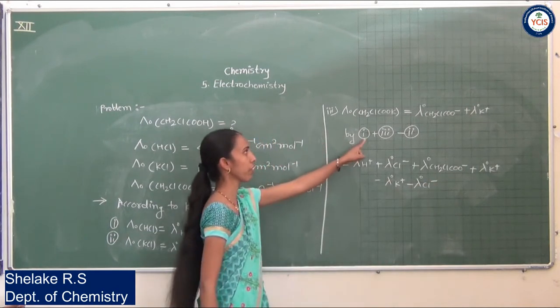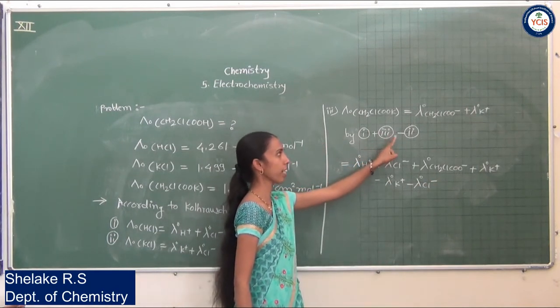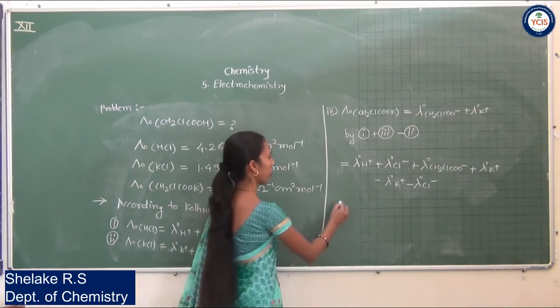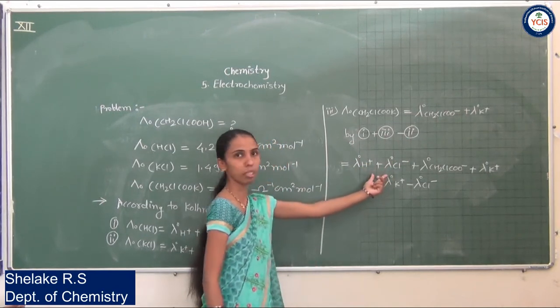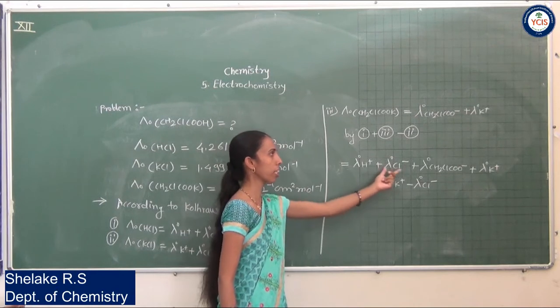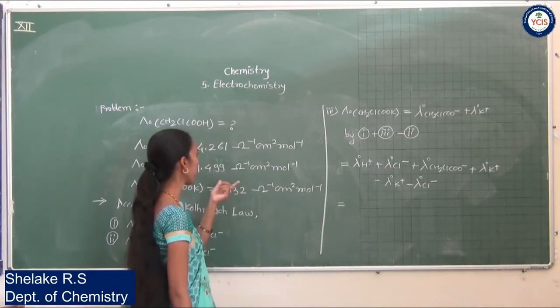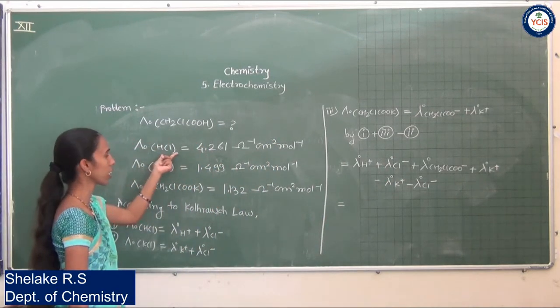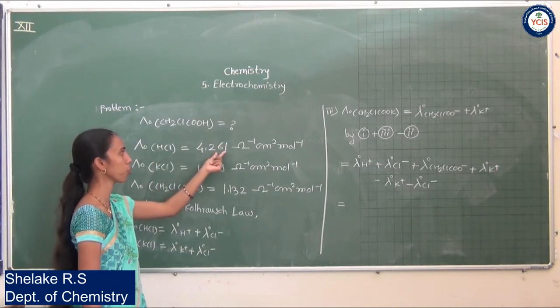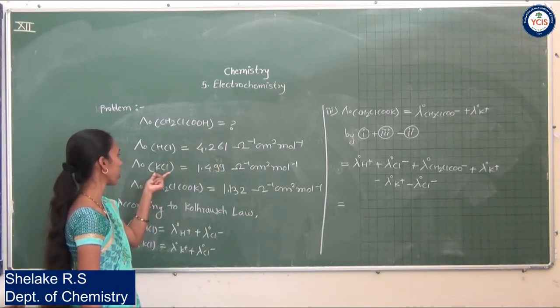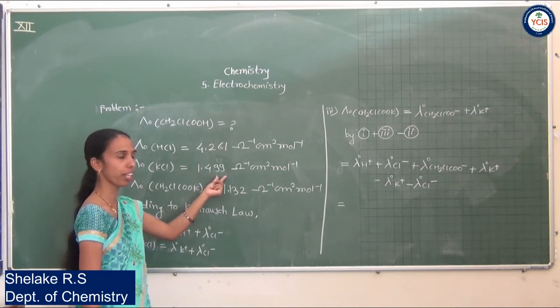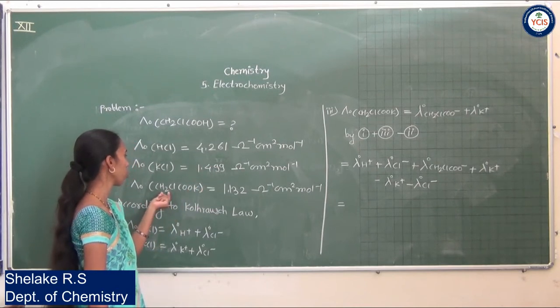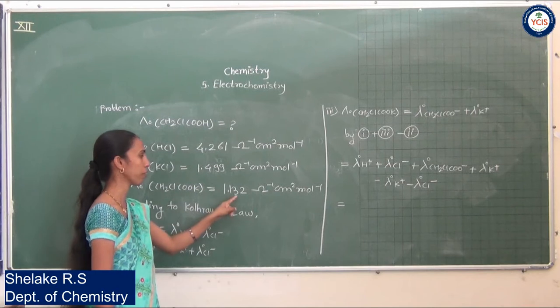So equation numbers 1 and 3 we added and 2 we subtracted. Now we put the values. Equation number 1, the molar conductivity of HCl, is 4.261. The molar conductivity of KCl is 1.499 and the molar conductivity of CH2Cl COOK is 1.132.